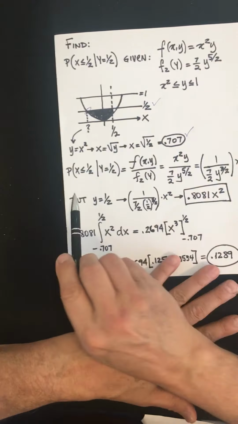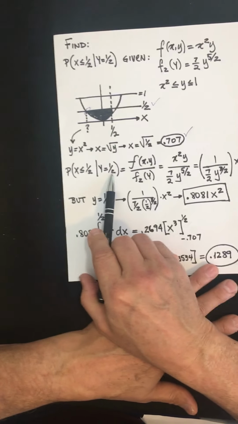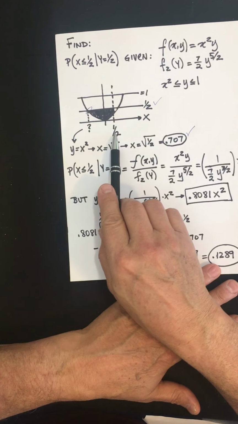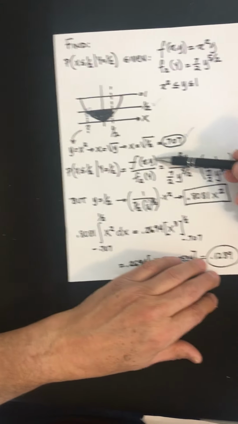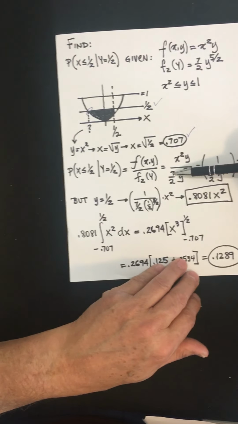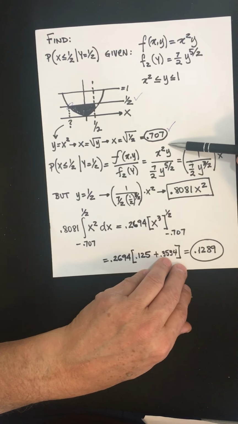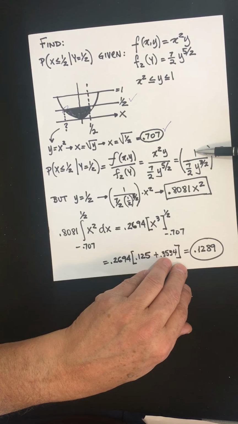Now, how do we do it? X is less than half given that y is half. Okay? Here's half for x, less than half. Okay? And y is half. Y is cut in half. We need function of xy divided by function 2 of y. Here's xy. Here's function 2 of y. I simplified because 2 over 2 goes down and 5 over 2 becomes 3 over 2, and you get this number.